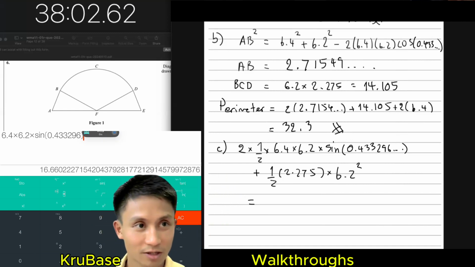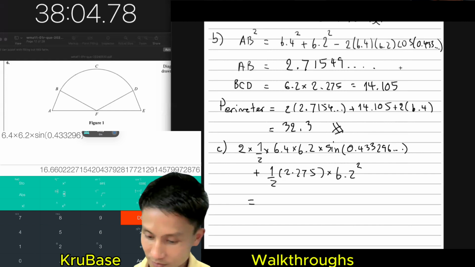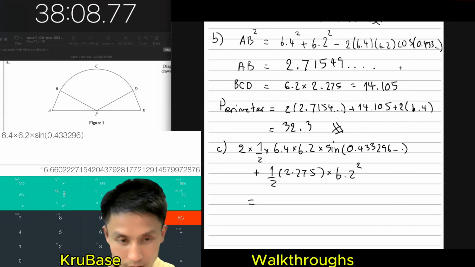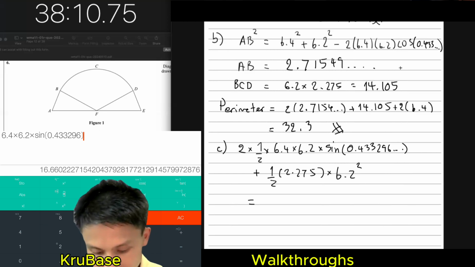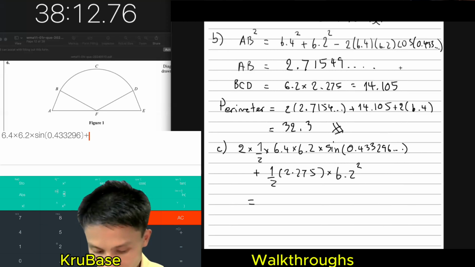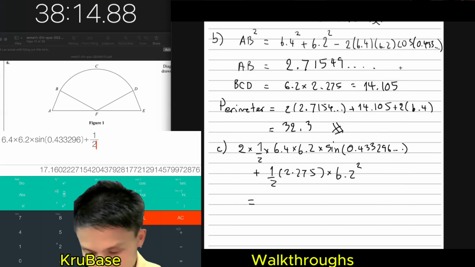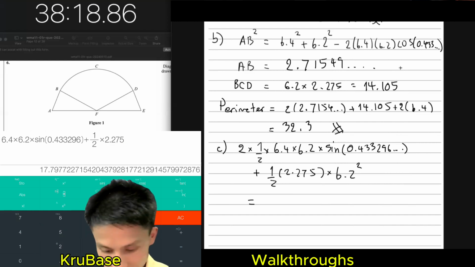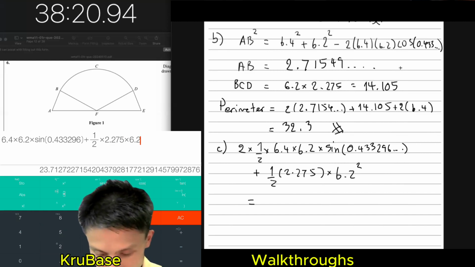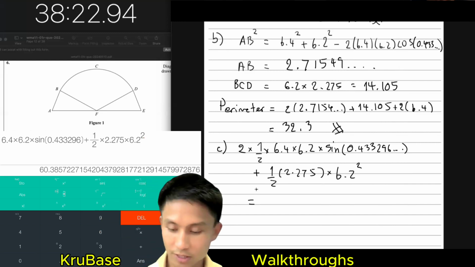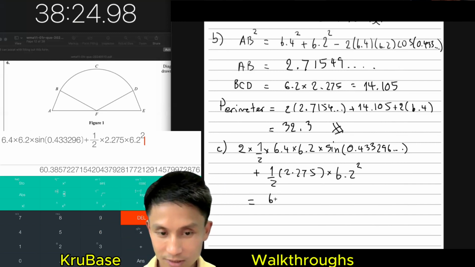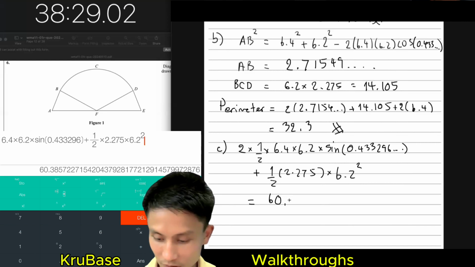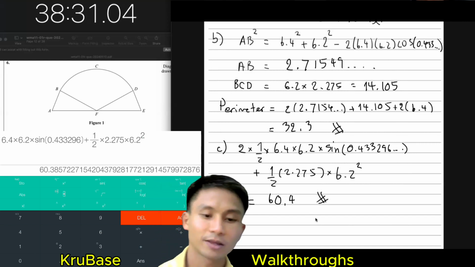And then plus 1/2 times 2.275 times 6.2 squared. Okay, so that is 60.1 to 1 decimal place. We get 60.4 actually.